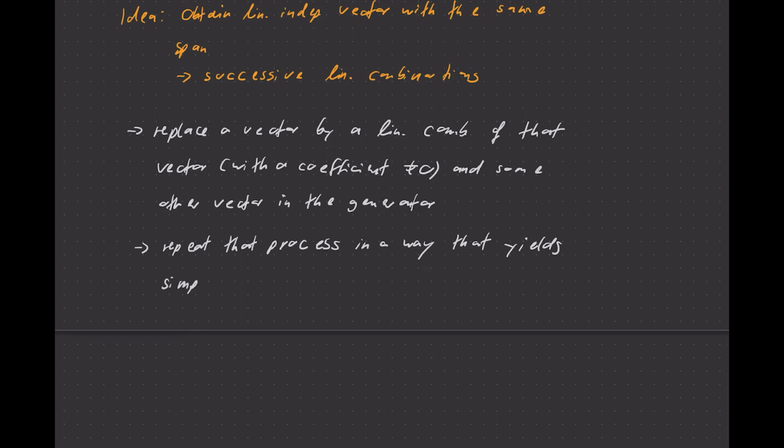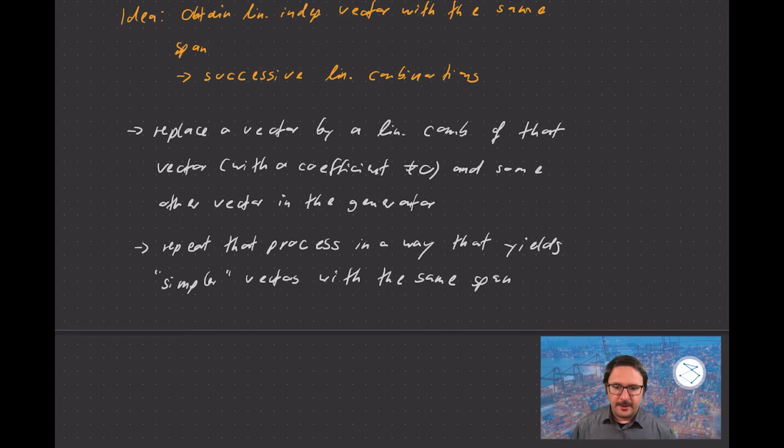So I want simpler vectors with the same span. And by simpler, what I mean specifically is vectors with more zeros in their entries. And more specifically, if I obtain a vector that only has zeros, then I can, of course, eliminate that vector. I can get rid of that one.